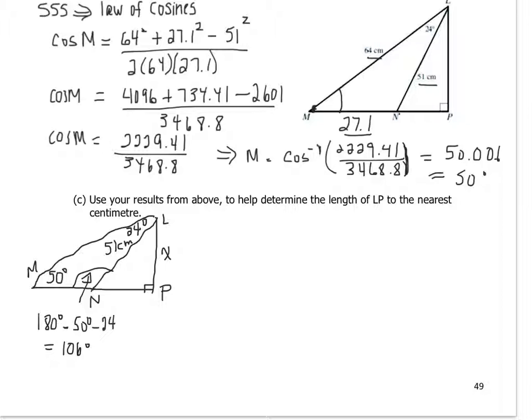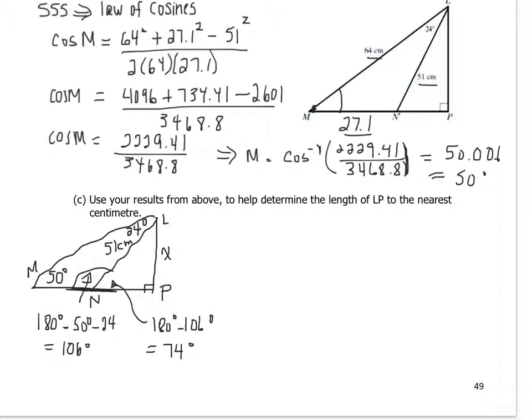Once we know that this is 106, we can figure this one out, because that would be 180 minus 106, which is 74 degrees, because two angles that form a straight line have a measure of 180 degrees.